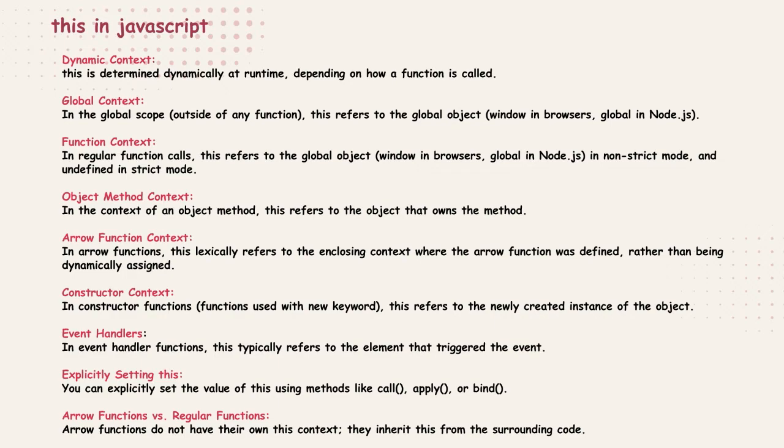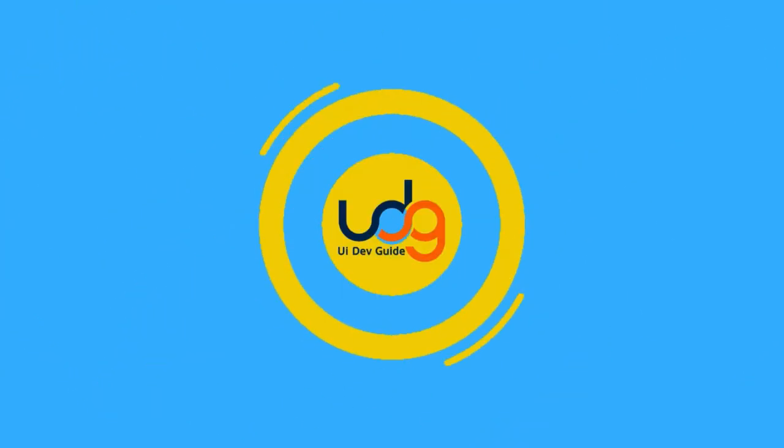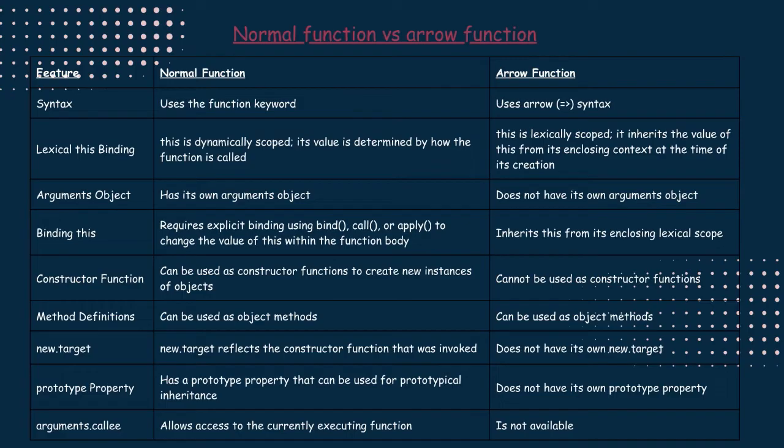And what is the difference between a normal function and an arrow function? Firstly, the syntax is completely different. In a normal function we declare a function name and call it with braces. We can call that function name above or below, anywhere, even before declaring that function.